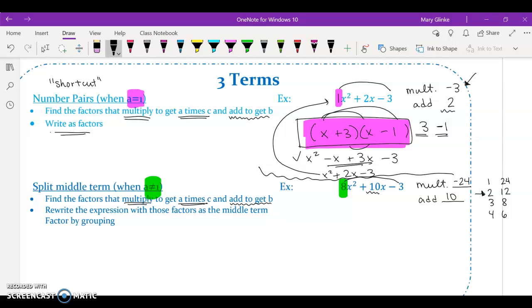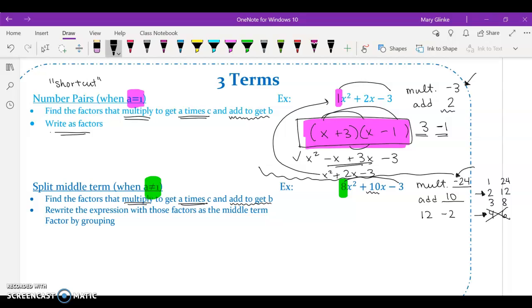We could potentially get 10 out of that, and 4 and 6. So you have to be careful here because we have to multiply to get the -24, but add to get 10. Which means this is going to rule out 4 and 6. So our option here is 2 and 12, and this is going to work if we have a positive 12 and a negative 2.